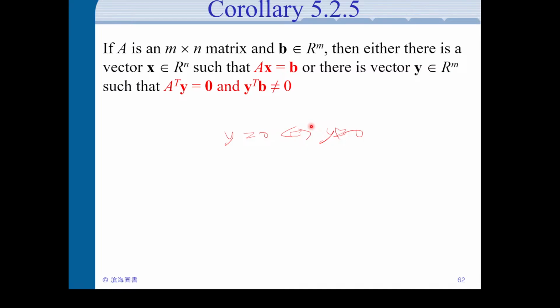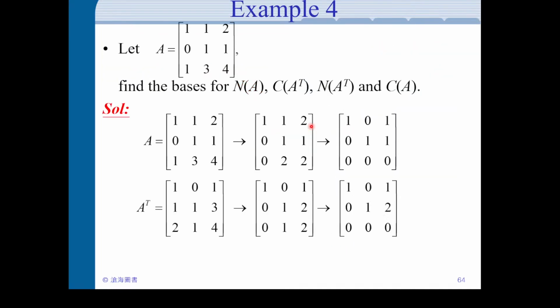Finally, we can find our fundamental spaces once again for any matrix. Now we have one extra fundamental space we would like to find, the null space of A transpose. So here we have an example: we find the basis of all those four fundamental spaces.